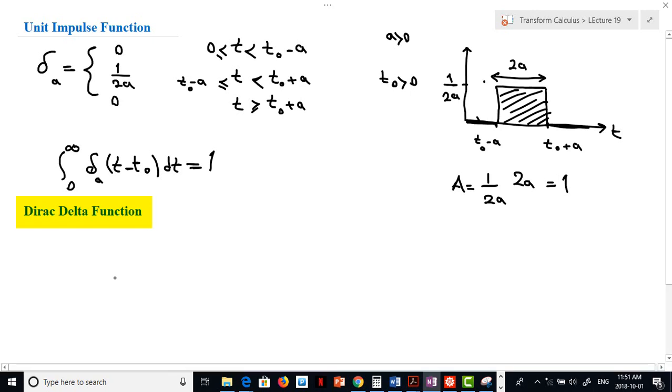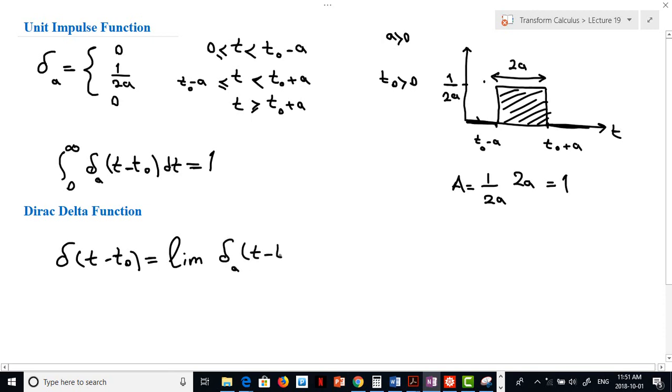So we show the Dirac delta function with just delta. It's delta of t minus t0. It's in fact equal to the limit of the unit impulse function when a approaches 0.